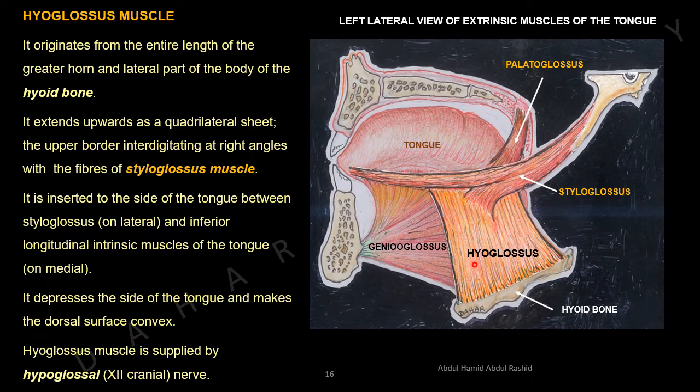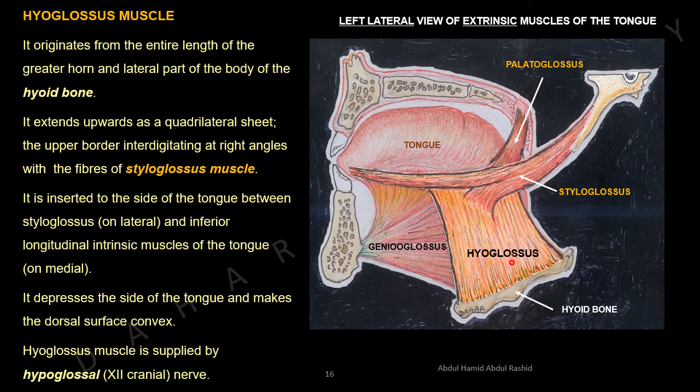Now we are going to explain the hyoglossus muscle. It originates from the entire length of the greater horn and the lateral part of the body of the hyoid bone. The hyoglossus muscle extends upwards as a quadrilateral sheet, the upper border interdigitating at right angles with the fibers of the styloglossus muscle.